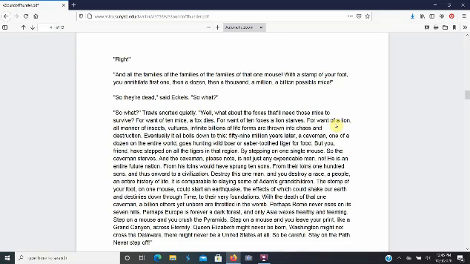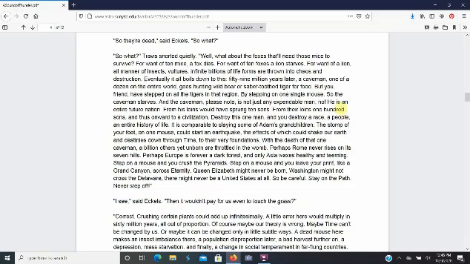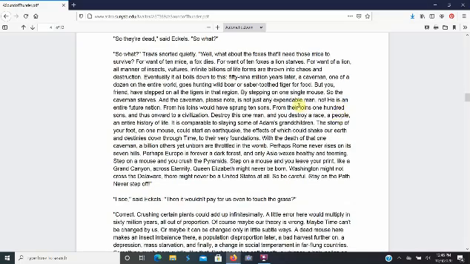Well, what about the foxes that'll need those mice to survive? For want of ten mice, a fox dies. For want of ten foxes, a lion starves. For want of a lion, all manner of insects, vultures, infinite billions of life forms are thrown into chaos and destruction.